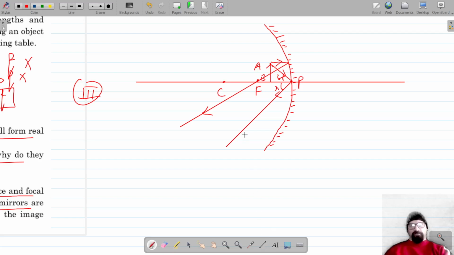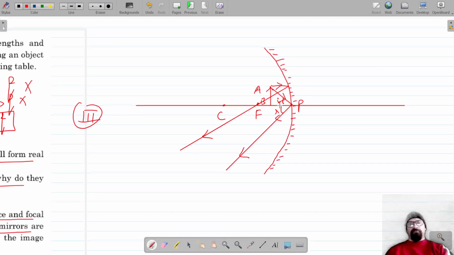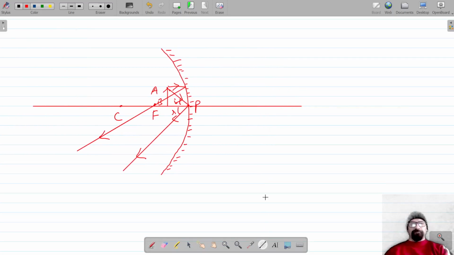Obviously these rays will not intersect, but if we produce them backwards, these are not the actual rays, but we are assuming them to be in the backward direction.